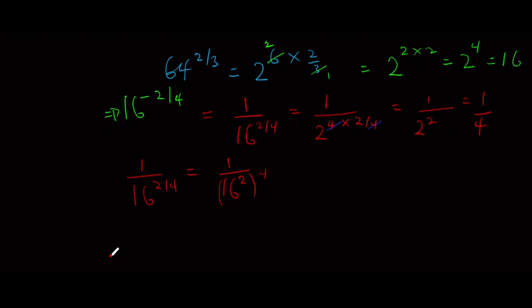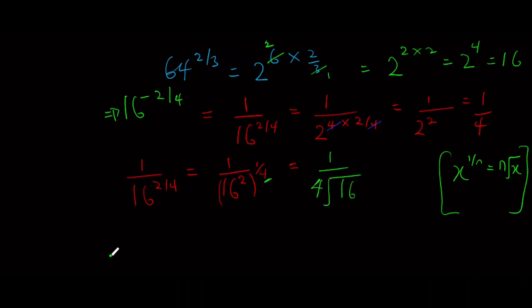Now this follows the law we have considered, that x raised power 1 over n gives us the nth root of x. So let's apply the law here. This is our n, so it's going to form the 4th root. We're having 1 over the 4th root of 16 raised power 2.